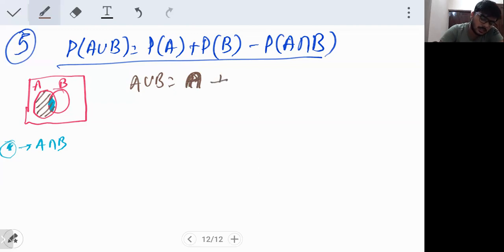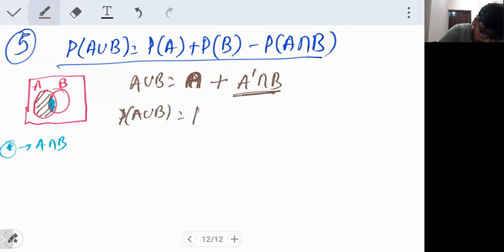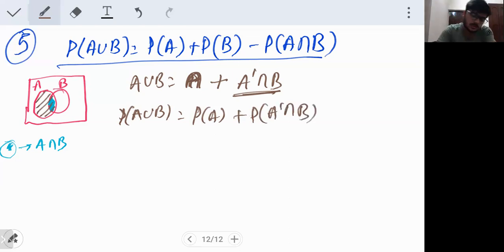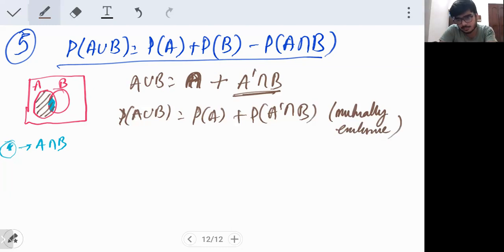And the other portion, that is this, will be equal to A dash intersection B. The probability of A union B can be said as probability of A plus probability of A dash intersection B, right? There is no issue with that since they are mutually exclusive. So we defined it in this manner.